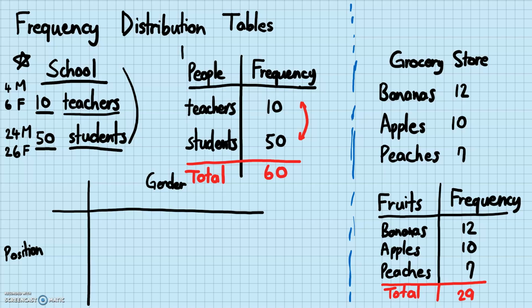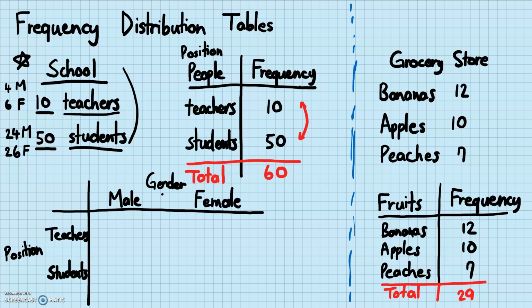I think position might have been a better label here instead of people. Under position we have teachers and students, and under gender we have male and female.